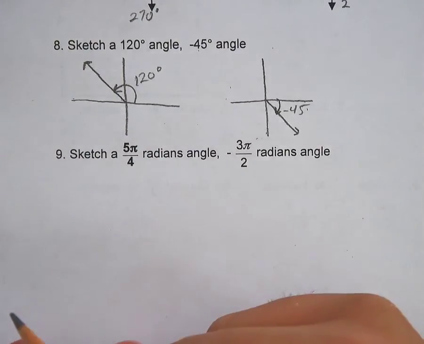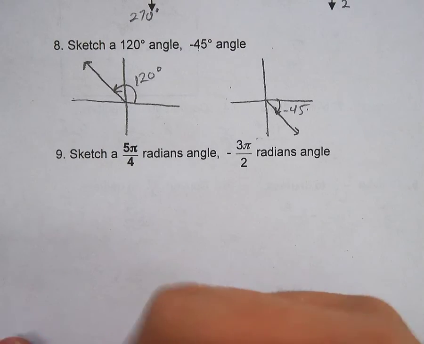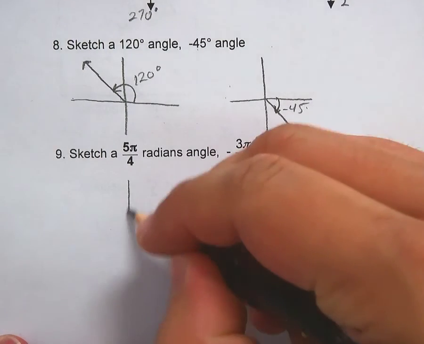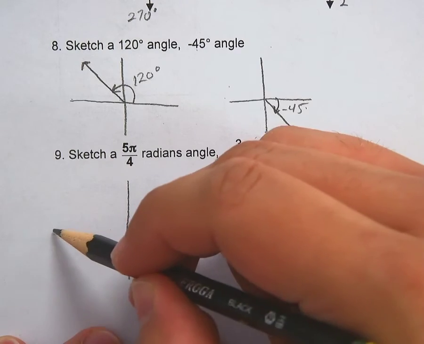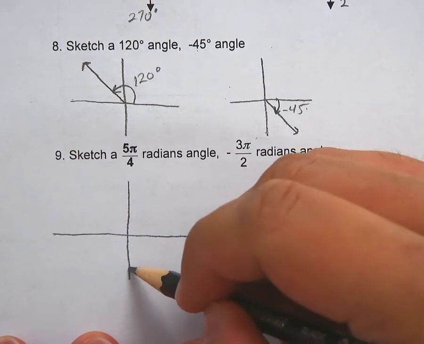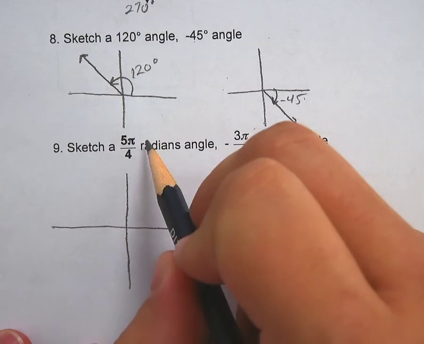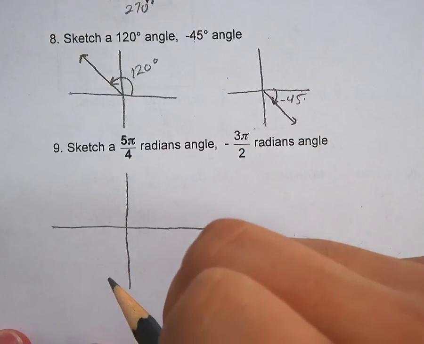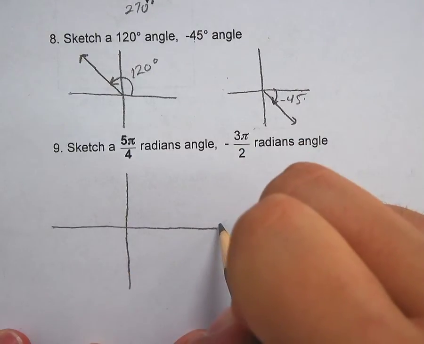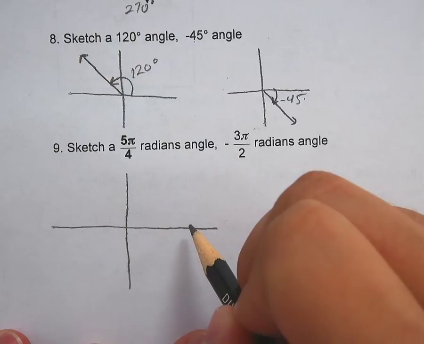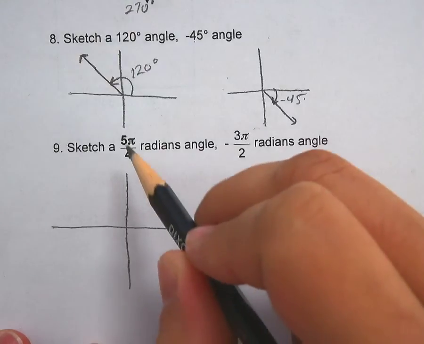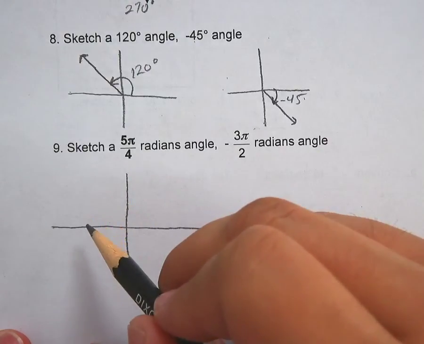Now sketching in radians is a little bit trickier, but not really. If you think about your quadrantals here, you've got 5 pi over 4 radians. Well, here's 0, here's 1, and here's 2. 5 over 4 is bigger than 1, right?